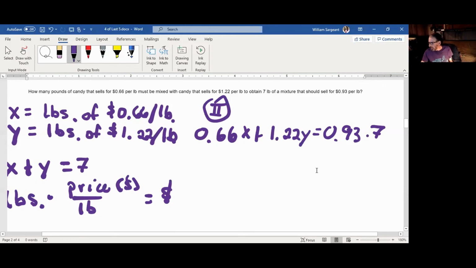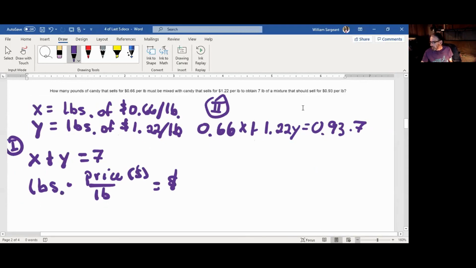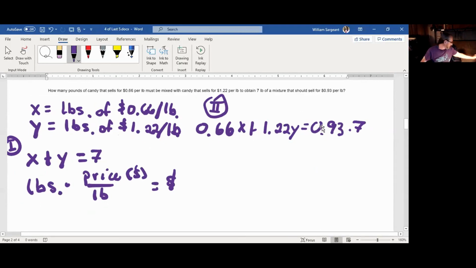All right, so we've got two equations here. Let me simplify 0.93 times 7, first of all. Yep, 6.51.